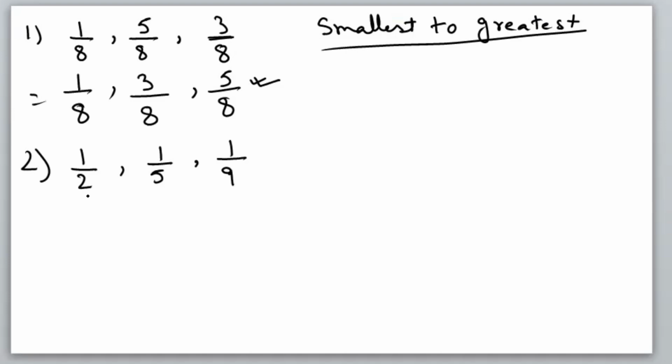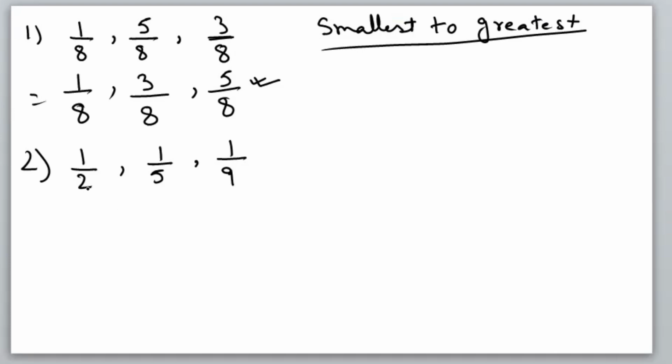And smaller the denominator, bigger the fraction. Always remember, if the denominators are same, you compare the numerators, bigger the value. But if you have the same numerator, then you compare the denominators, and smaller the denominator, greater the fraction. And we have to arrange smallest to greatest.